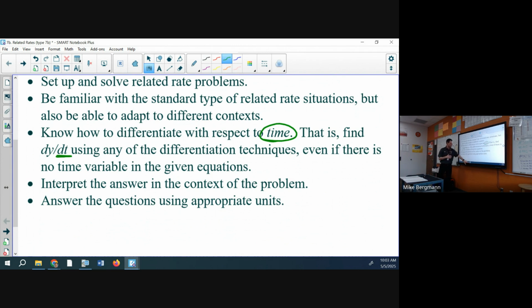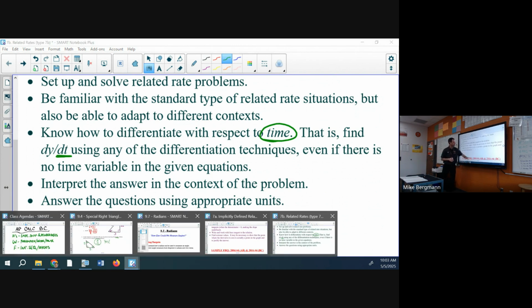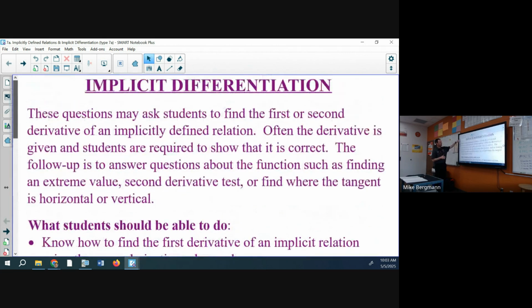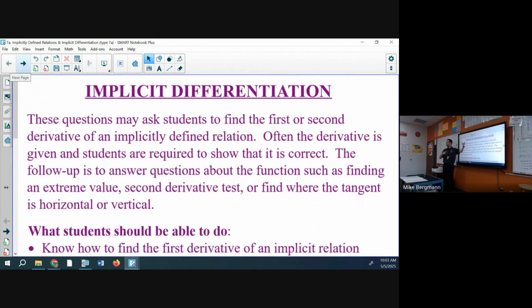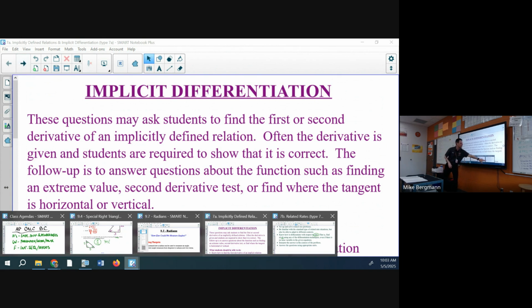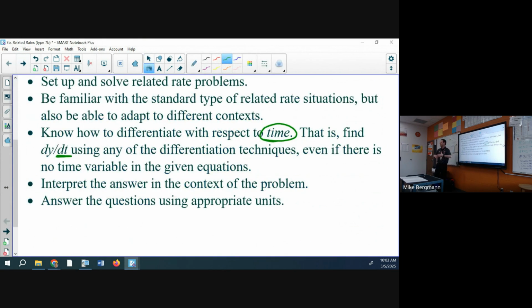The reason that this fits with implicit differentiation is that there we have to do dy/dx when we're taking a derivative of a y. Here with related rates, we have to do a d something dt. So there is a connection between implicit differentiation and related rates. But in related rates, it's all about time.